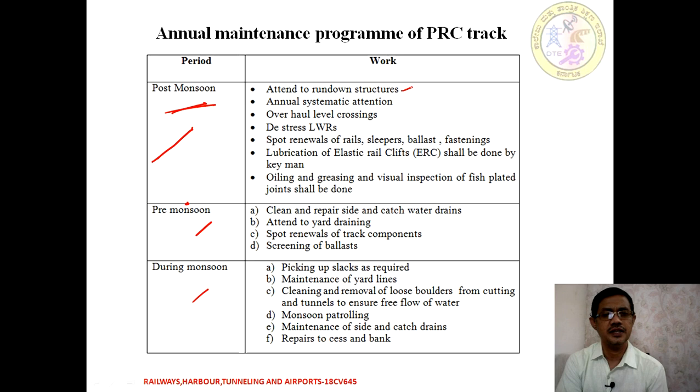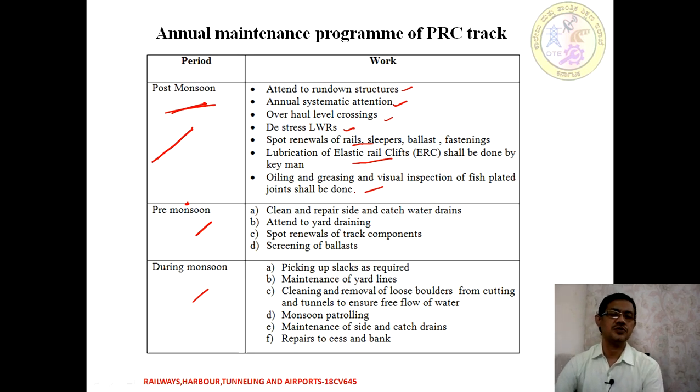Systematic annual attention has to be given to the overall level crossing, de-stressing of long welded rail, spotting of the spots for renewal, lubricating the elastic rail clips, oiling and greasing, with a visual inspection of the fish plates near the joints.